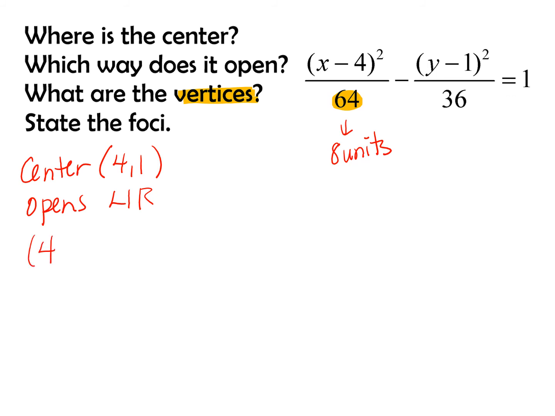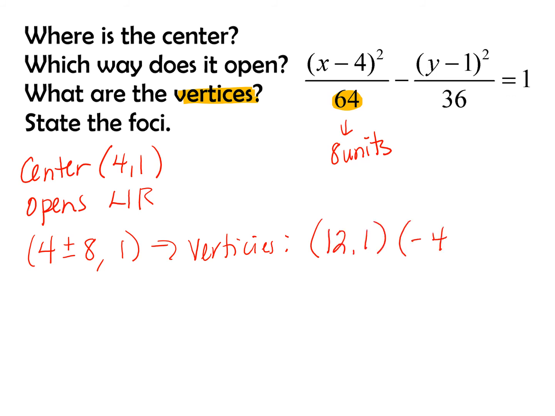Since it's opening left or right, we are going to add or subtract 8 units to the X coordinate. The Y coordinate will not change. So my vertices: 4 plus 8 is going to give me 12, 1. 4 minus 8 would give me -4, 1.